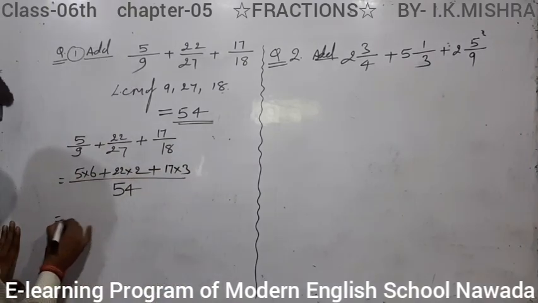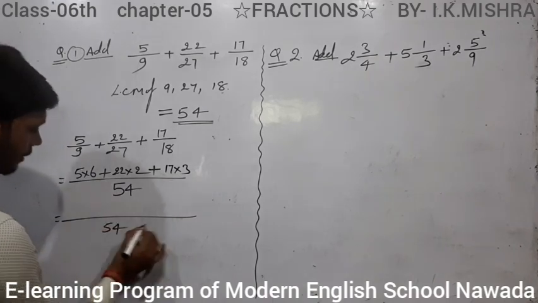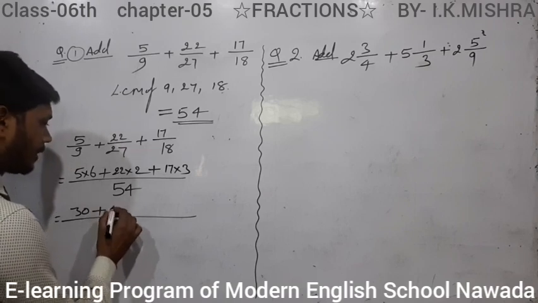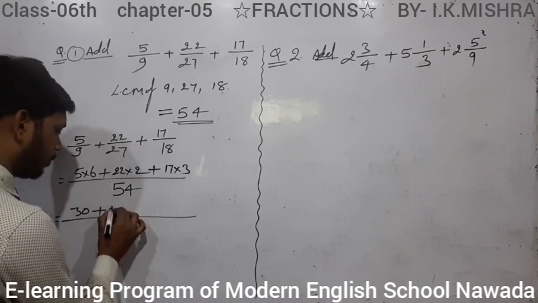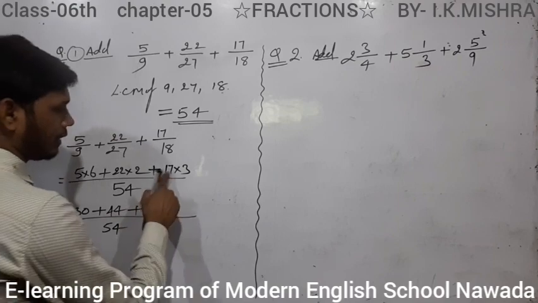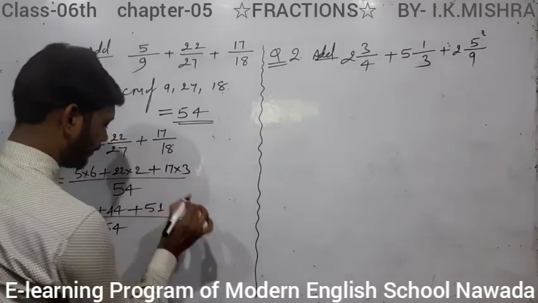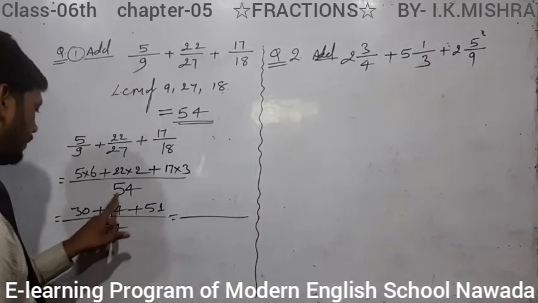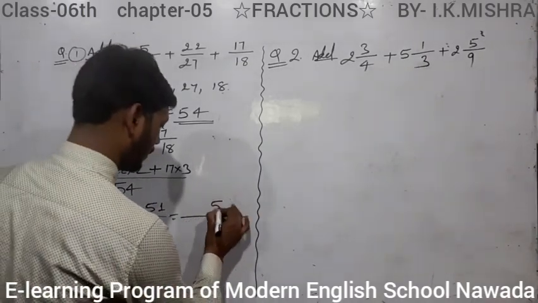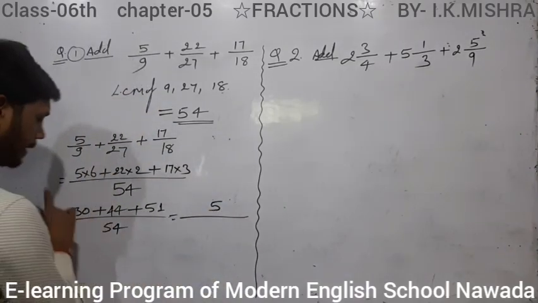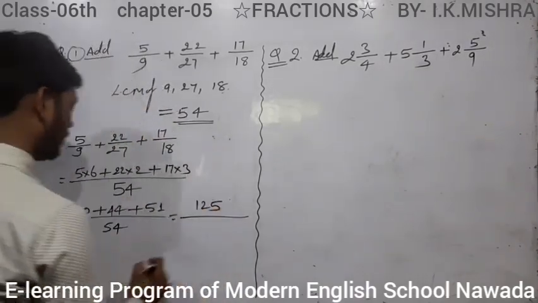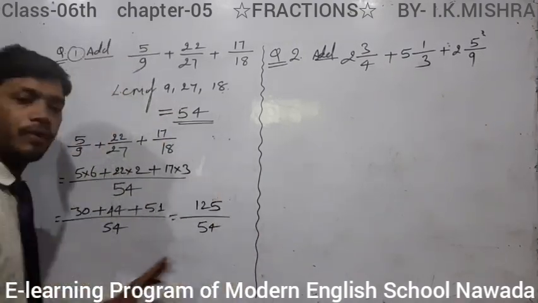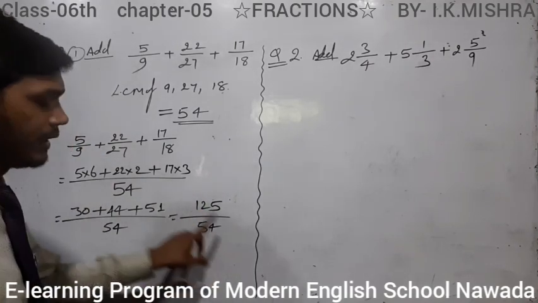After that students, here 54 and 30 plus 44 plus 51. After that students, you may easily add 1 4 5, here 5 and 5 4 9 9 3 12 and 54. Students, it's your sum of all of these.